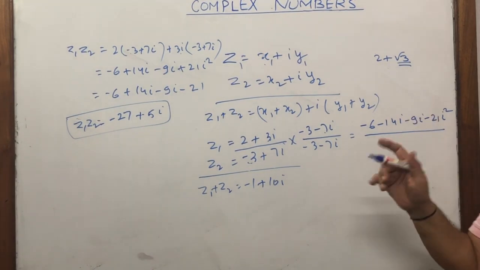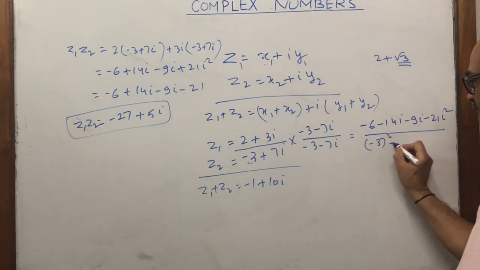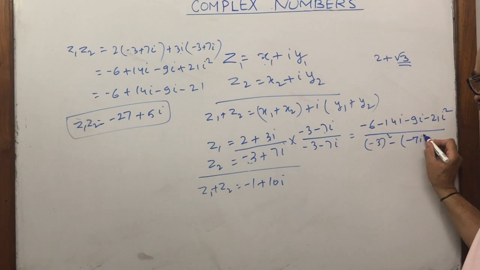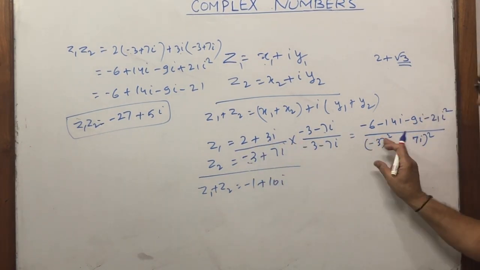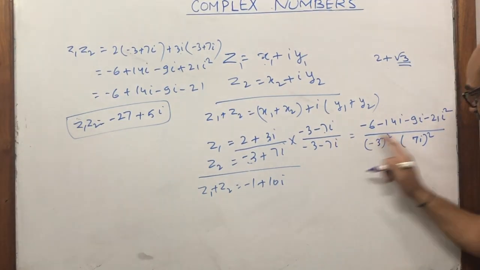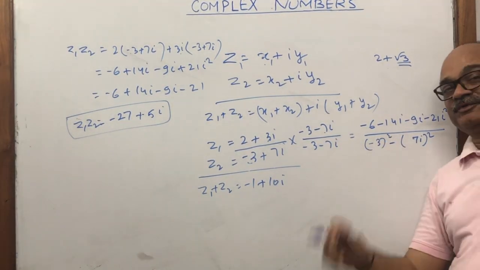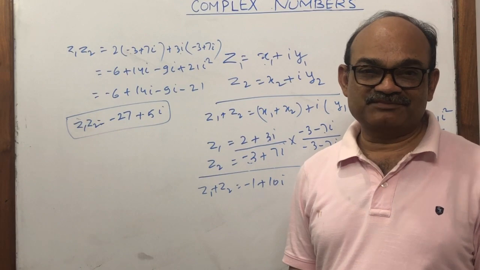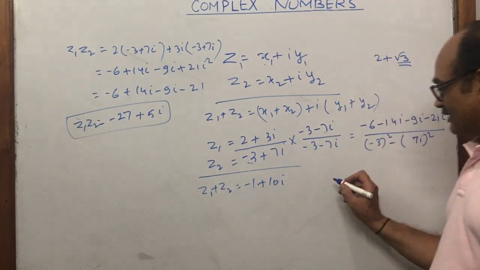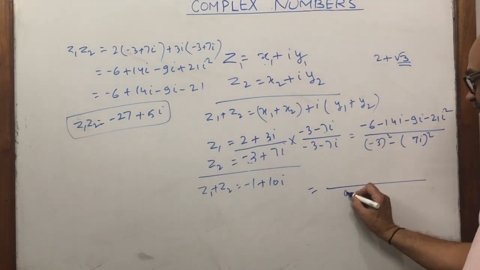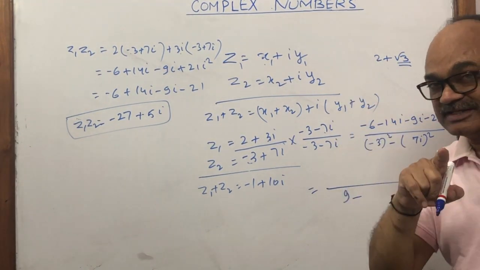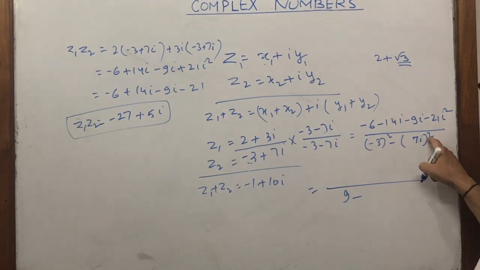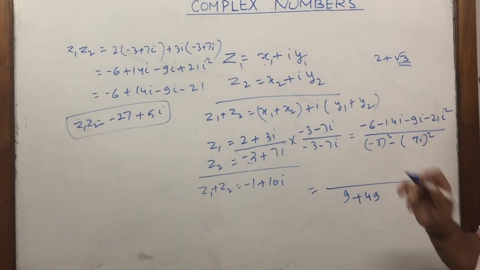Correct? Now the denominator: a plus b and a minus b. You know the formula, a square minus b square. What is a? Minus 3. What is b? 7 iota. The formula you know from lower classes: a plus b into a minus b is a square minus b square. Now see the result: 9 minus 49 iota square. Iota square is minus 1, so 49 iota square, it will become plus 49.